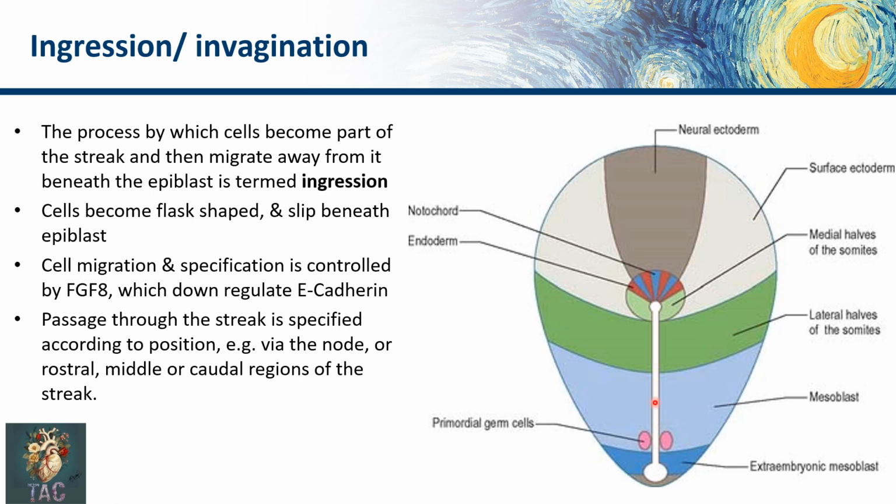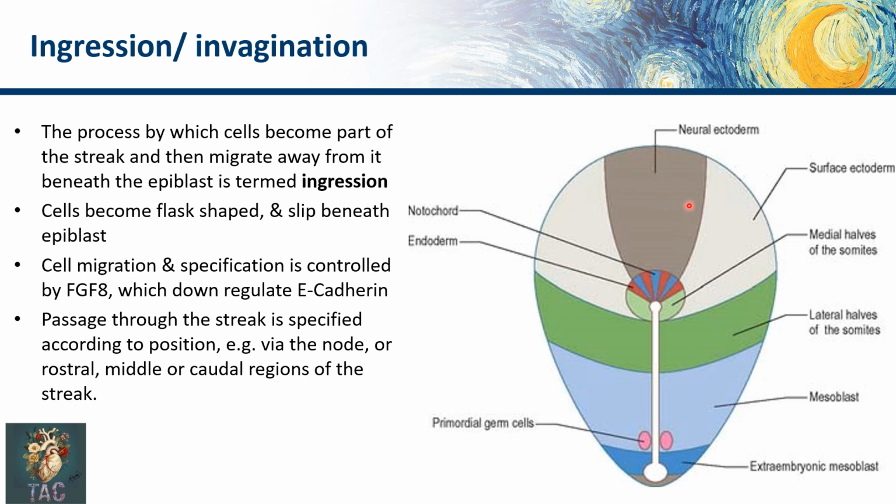Cells migrating through the mid portion will form the mesoblast or the intermediate mesoderm, and the cells located over here will form the primordial germ cells, and the caudal most part will form the extra embryonic mesoblast or extra embryonic mesoderm. So this is called the fate map of the primitive streak.